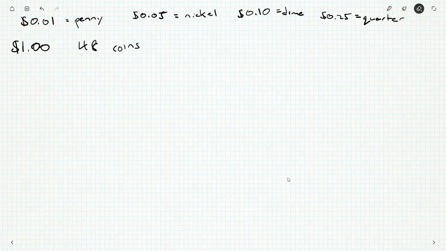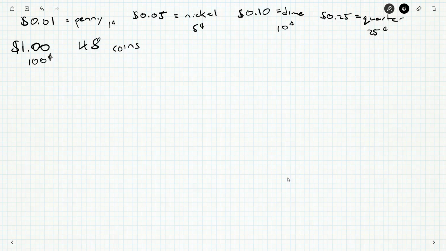So, what to do? One thing I note, and this is a little easier to note if instead you write a penny as 1 cent, a nickel as 5 cents, a dime as 10 cents, a quarter as 25 cents, and a dollar as 100 cents, which is another way to write our currency.